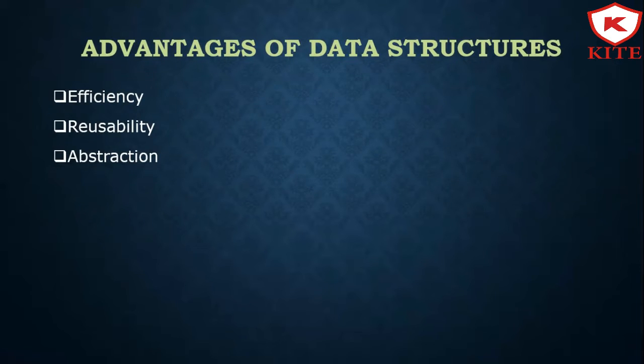Now, advantages of the data structures. First is the efficiency. Efficiency of a program depends upon the choice of the data structure. For example, suppose we have some data and we need to search for a particular record.